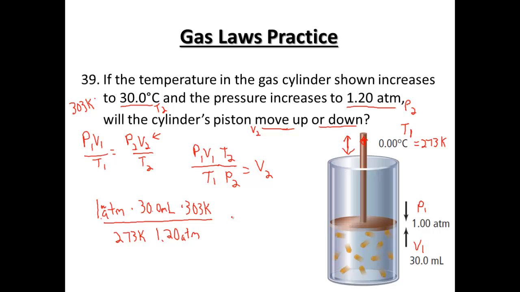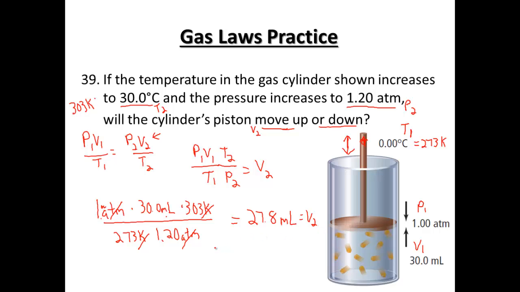Now if we look for a moment, atmospheres will cancel atmospheres, Kelvin will cancel Kelvin, and we're left with milliliters. Numbers on top are multiplied, numbers on bottom are divided, and it turns out that it's about 27.8 milliliters is V2.